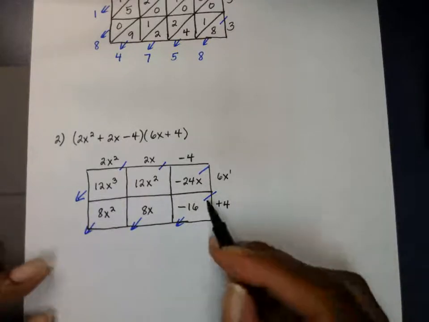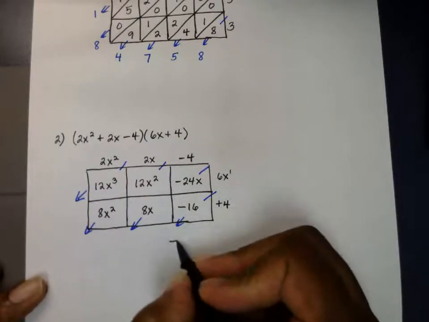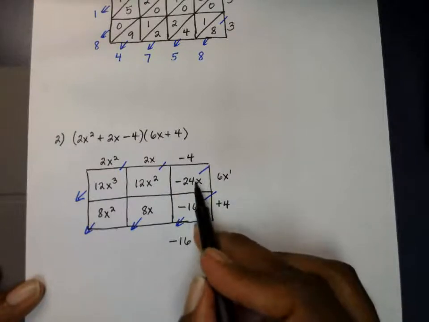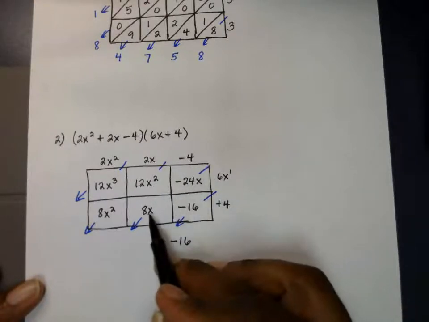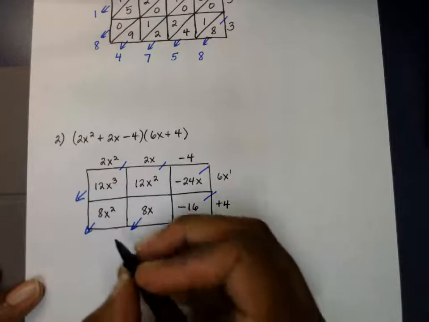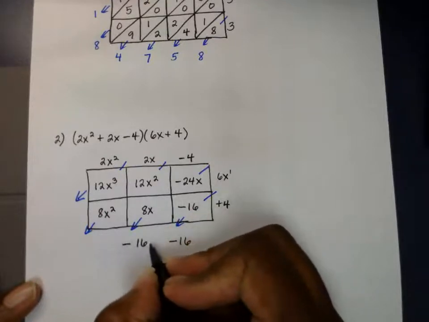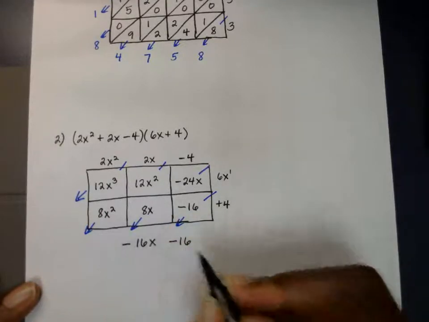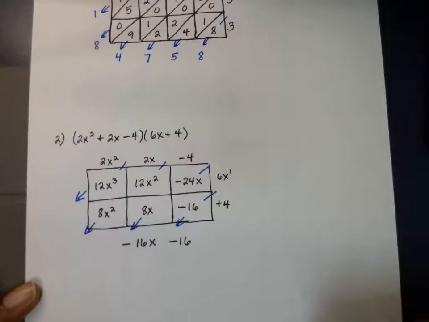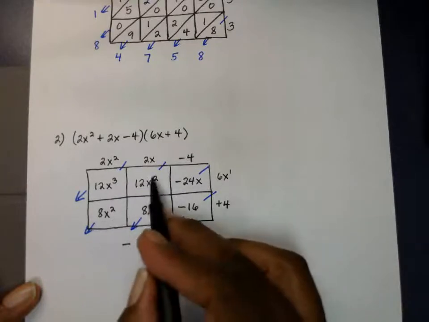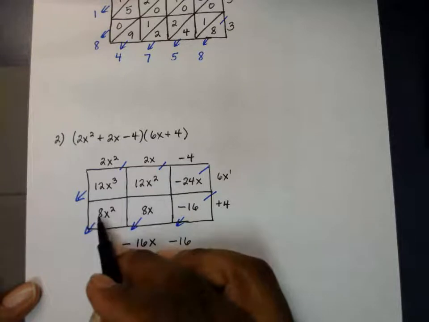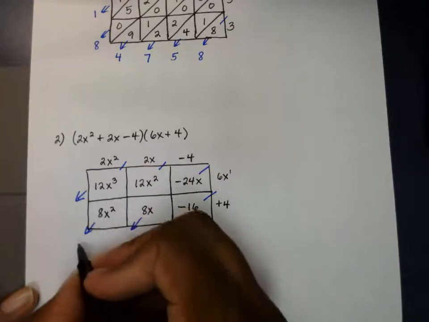Okay, I have nothing to add to the minus 16, so I'm going to bring that down. And then negative 24x plus 8x. Add those two together, you'll get minus 16x. And then add 12x squared and 8x squared. That's 20x squared.